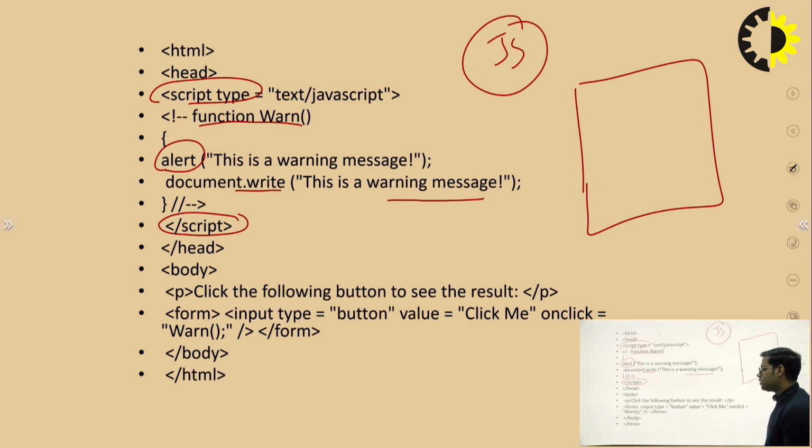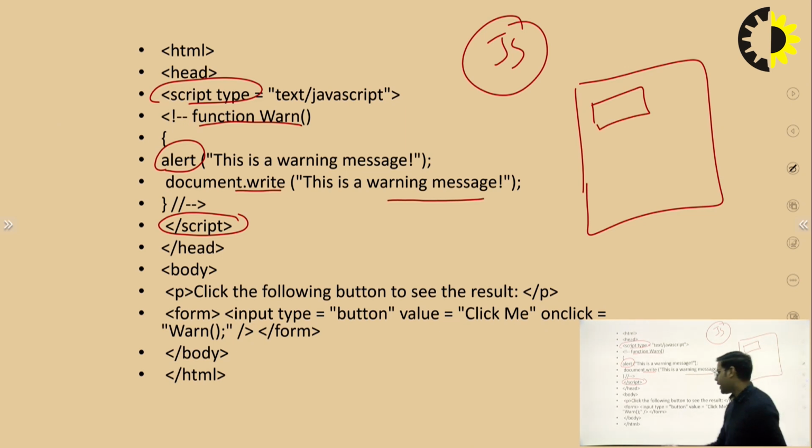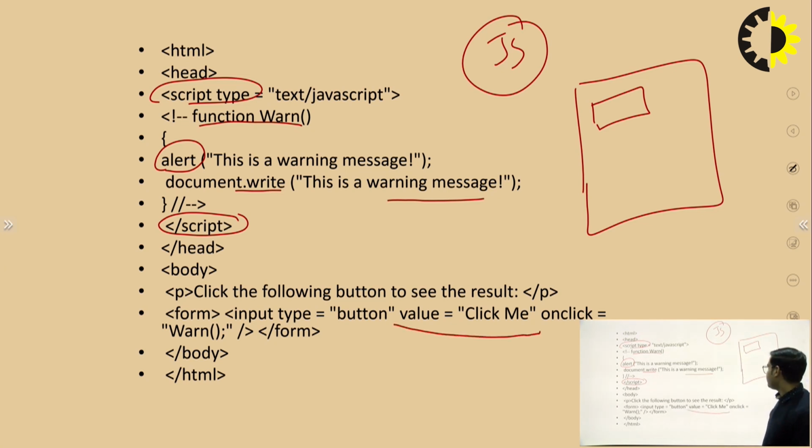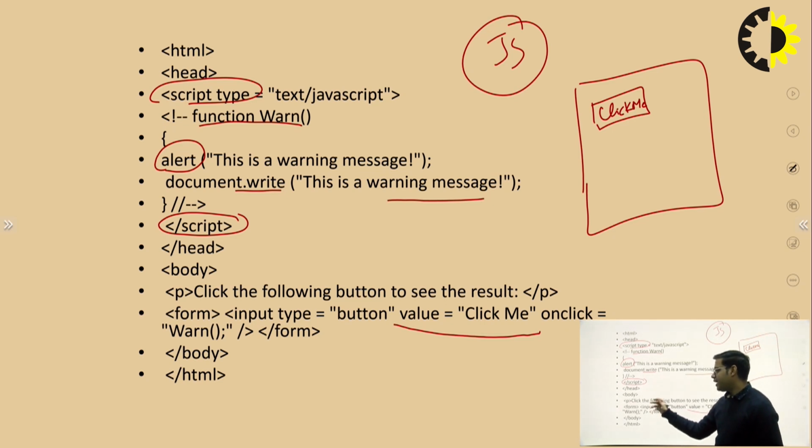Inside this browser screen, we have to use the input button. Inside this input button, we have to provide the value that is Click me. This button comes from the tag called input, and input is an element of the form.